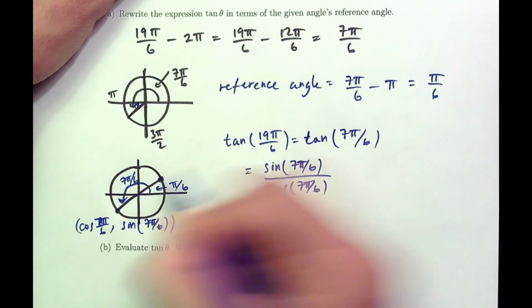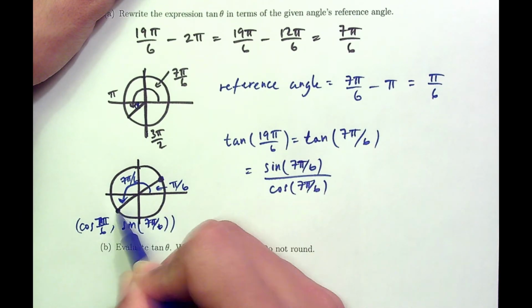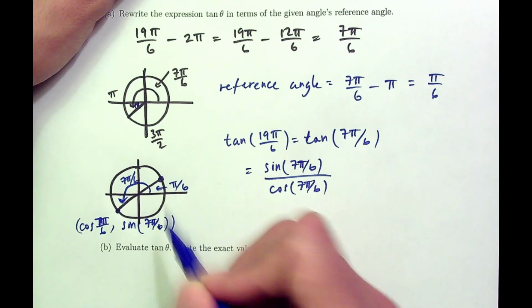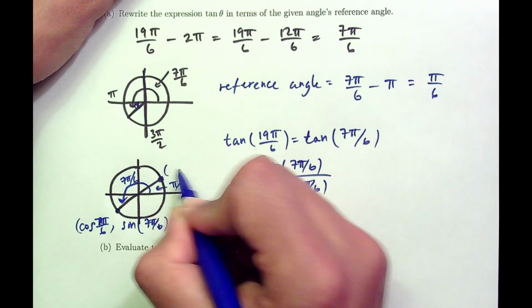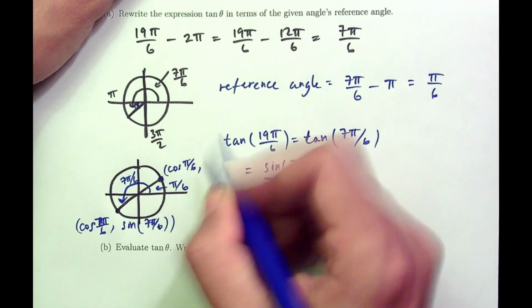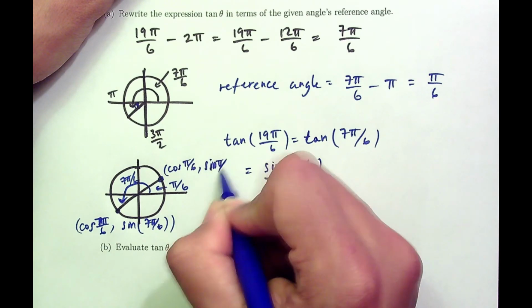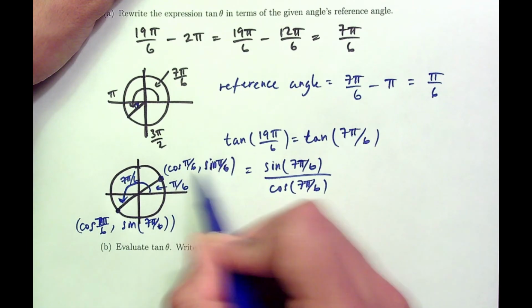But if we compare these coordinates with those coordinates, they are exactly the same, but both negative. What are the coordinates of that one? Well, the coordinates of that one are cosine of pi over 6, sine of pi over 6. So that means these numbers are exactly the same as these ones, but both negative.